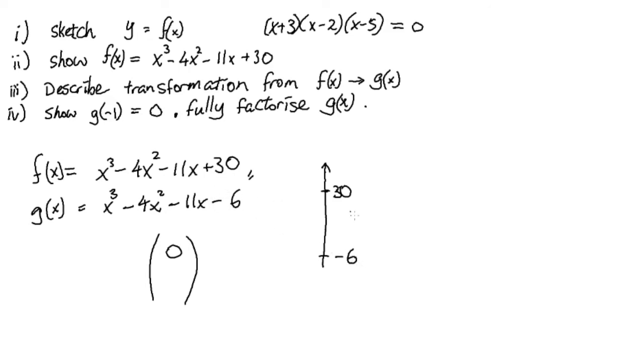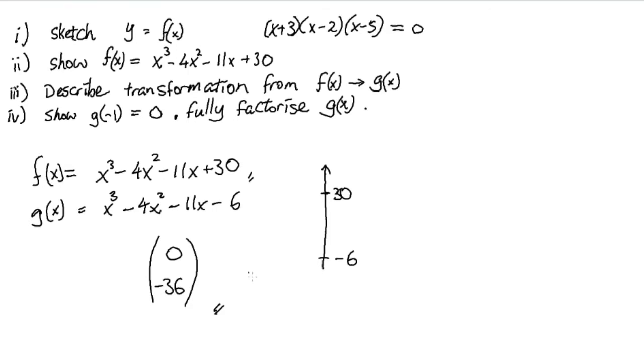The total difference between these two is 30 minus negative 6, which is a 36 difference. Because you are translating downwards, it is a negative value, so you get a minus 36 translation, and this will be the correct notation for the answer to part 3.